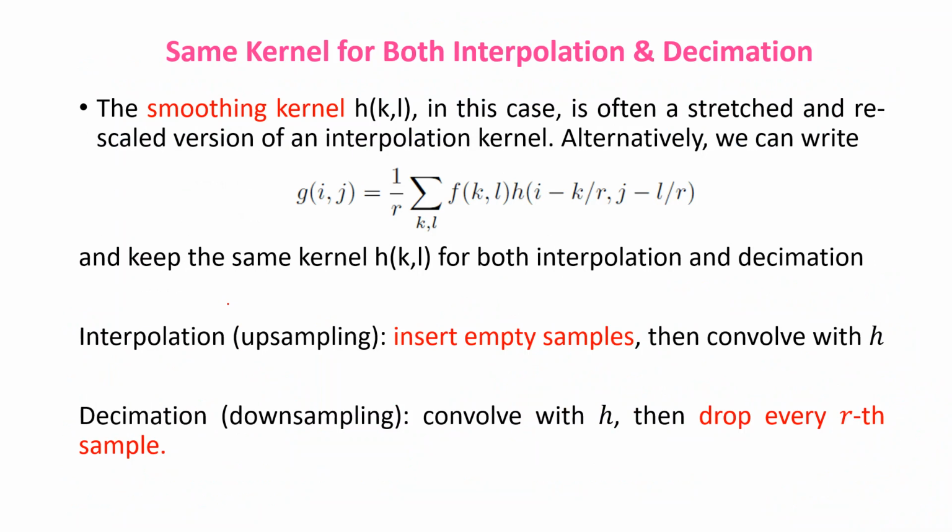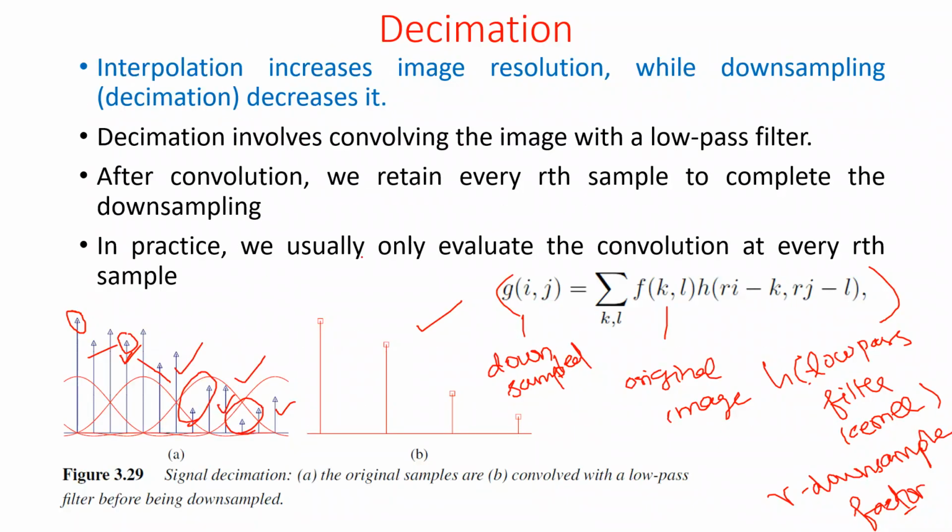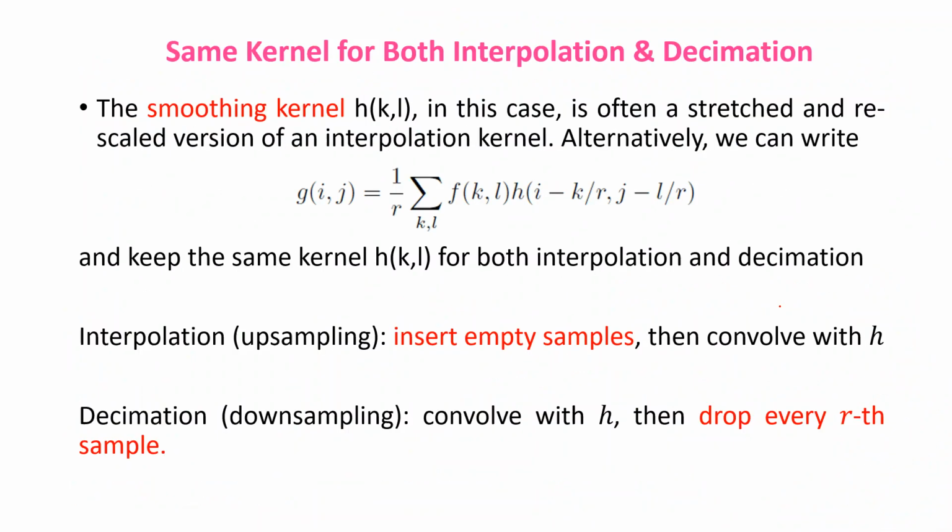So we have seen a separate formula for interpolation as well as a separate formula for decimation. A smoothing kernel can be used for both interpolation as well as decimation, as mentioned here. Again, f of k is the original value and g is the upsampled or downsampled one. H is the kernel. Here it is a smoothing kernel.